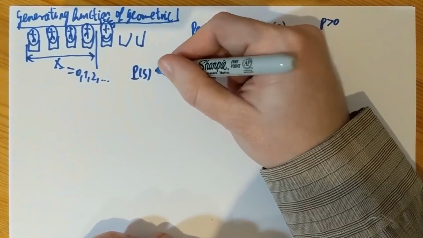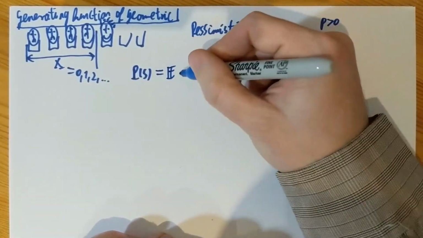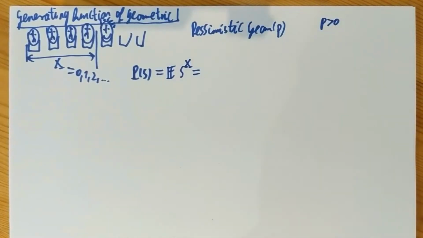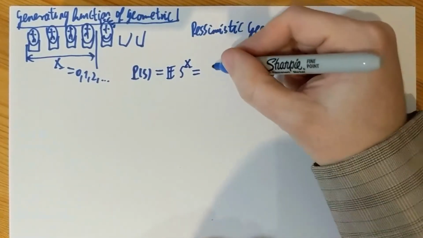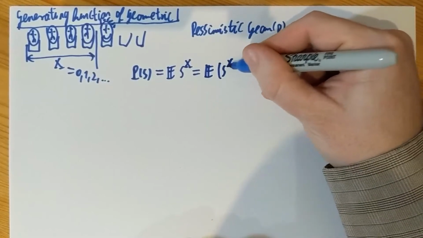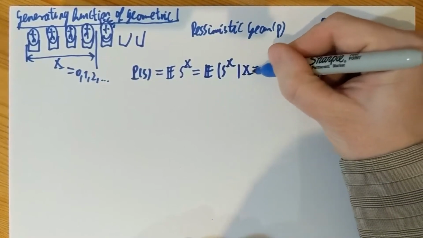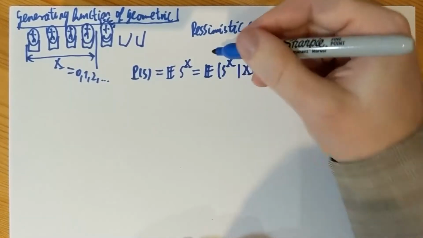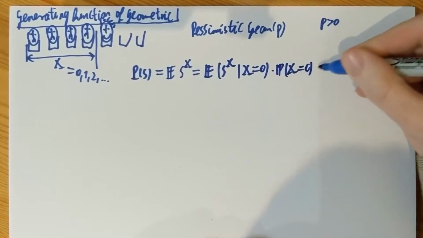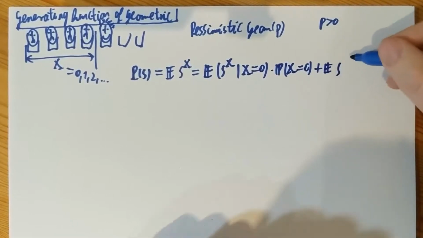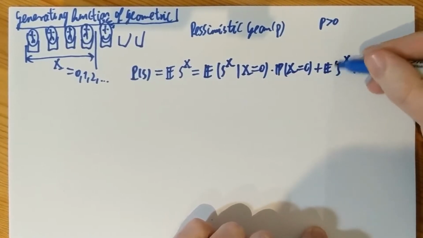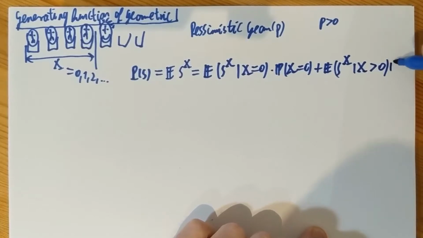And so if I want to find the expectation of s to the X, I can condition on the first trial: the expectation of s to the X given that X is 0, times the probability X is 0, plus the expectation of s to the X given that X is strictly positive, times the probability X is strictly positive.